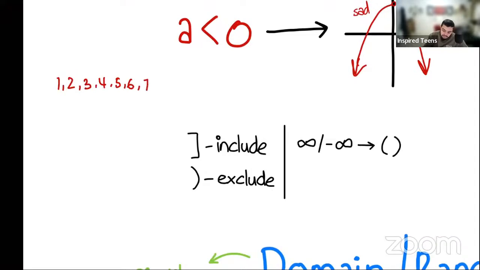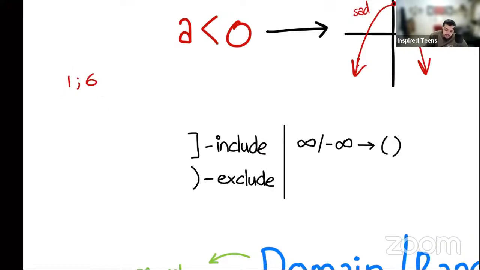If I had, for example, square bracket, square bracket, starting at 1 and ending at 6, what does that range comprise of? It's 1, 2, 3, 4, 5, and 6, because we included 6.